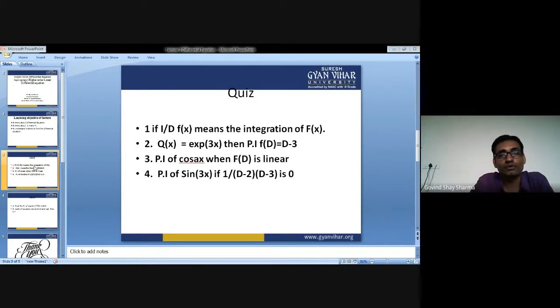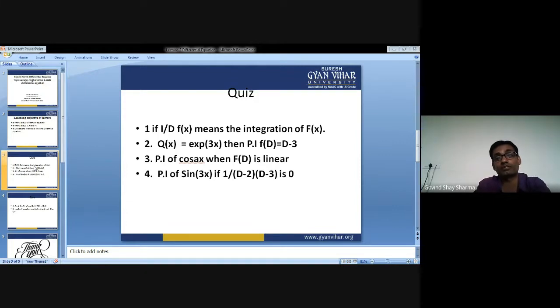Okay, qx is equal to e to the power 3x, then PI of fd. So when we write 1 upon d minus 3, e to the power 3x, and d replaced with 3, it will become 0. Then the denominator becomes 0. So we differentiate it.